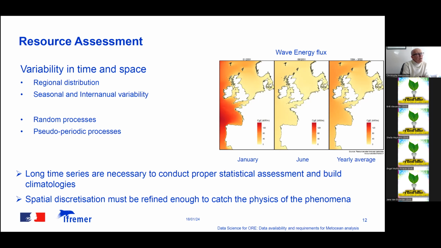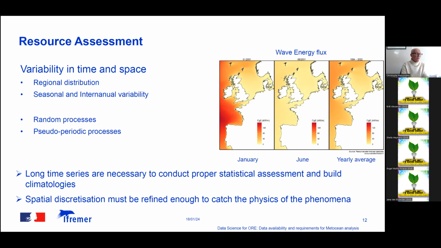So, in order to build a relevant resource characterization, we require long time series of relevant parameters, such as wave height or wind speed, to build the statistical assessment that will provide all the necessary information, and to build the climatologies that are necessary for the engineers.